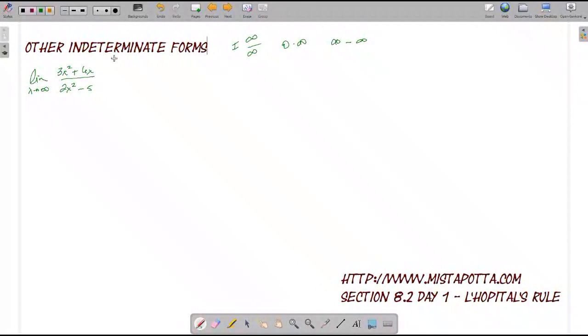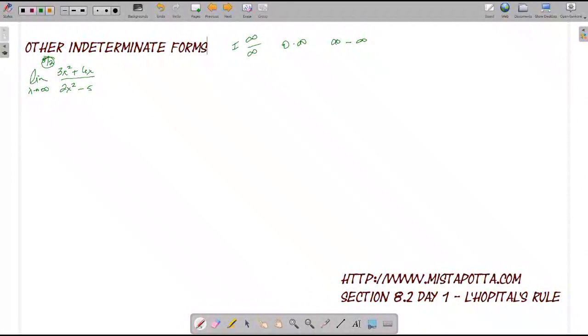I see that the degree of the numerator and denominator are the same, and so I'm looking at the coefficients of my largest degree term, and I should end up with a limit of 3 halves. And that will end up being our answer as we evaluate this.